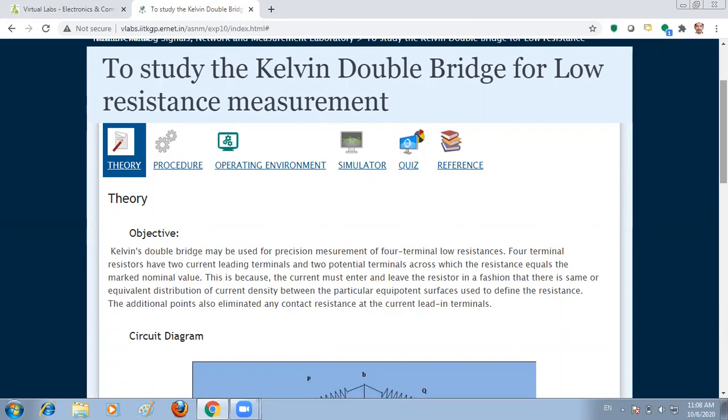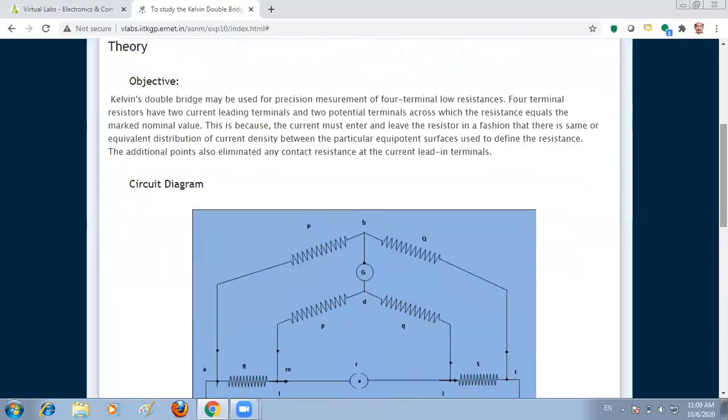This is because the current must enter and leave the resistor in a fashion that there is the same or equivalent distribution of current density between the particular equipotential surfaces used to define the resistors. The additional points also eliminate any contact resistance at the current lead interval. So this is the objective.